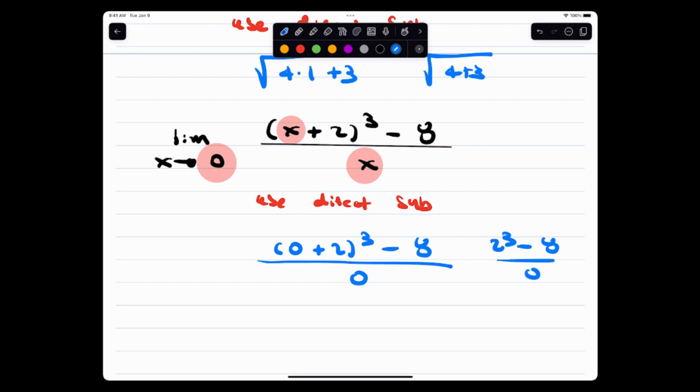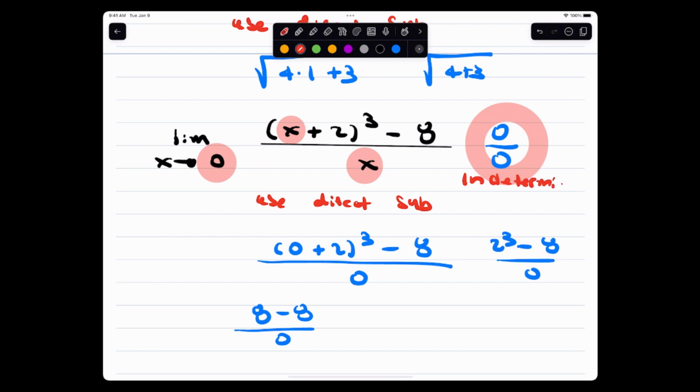Isn't that really 8 minus 8 over 0, which is 0 over 0? We say this is indeterminate. All right, you guys okay with that? All right, this thing was indeterminate.